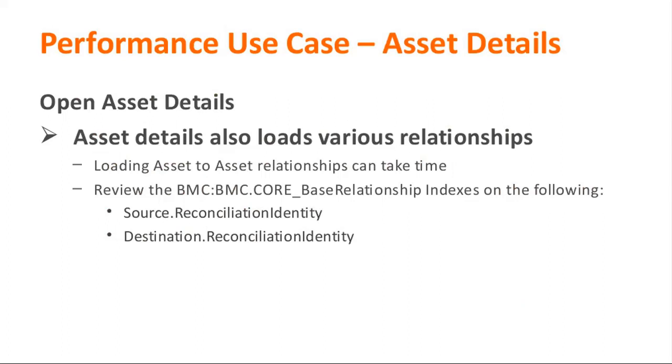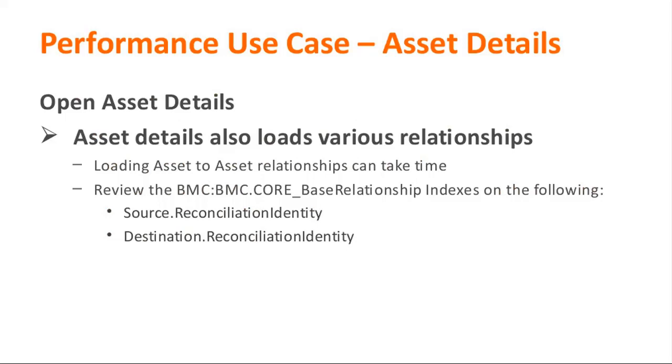Another common use case is the asset details. We've noticed in some customer instances that opening asset details was slow. When you open asset details, we also load various relationships for the assets. One of the relationships that in certain cases we've noticed taking time is the asset-to-asset relationship.